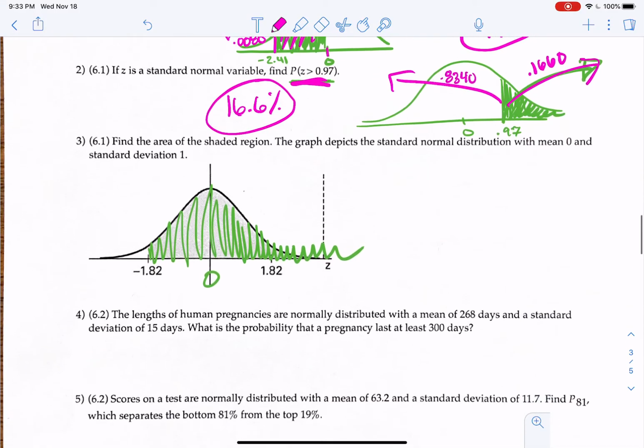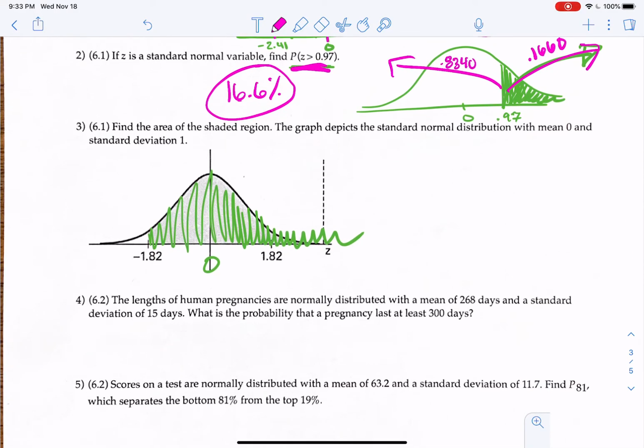Okay. Number 3. Find the area of the shaded region. The shaded region is everything above negative 1.82, okay? They label positive 1.82 for some reason. I don't know why they do that. We don't really care about the positive 1.82, just everything above negative 1.82. So we're looking on our chart at the negative table. Negative 1.82 is 0.0344, but that's going to tell me from here on back.